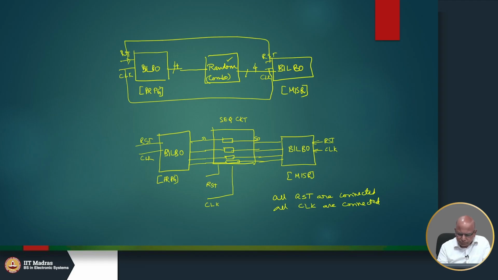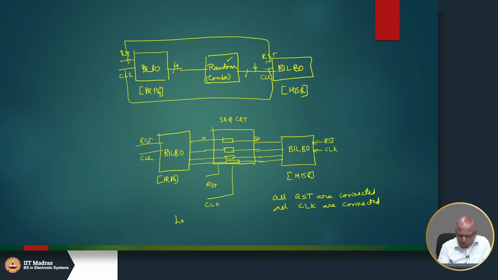So, once we reset the circuit, we have to load the, unfortunately this BILBO, you see initially we have to apply a seed.